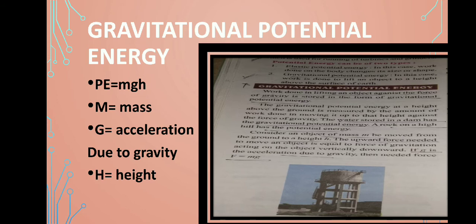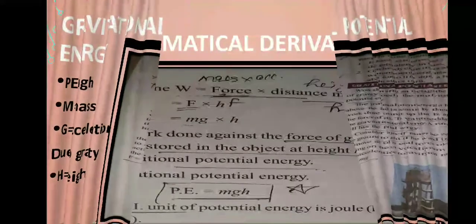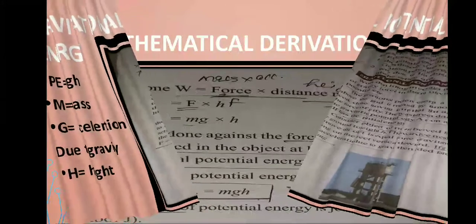gravitational force. If g is the acceleration due to gravity, then the force needed would be F is equal to mg. m is equal to mass, and we have to lift that mass to a height, so we have to work against the gravity. So work done is equal to force into distance. This we have already done.